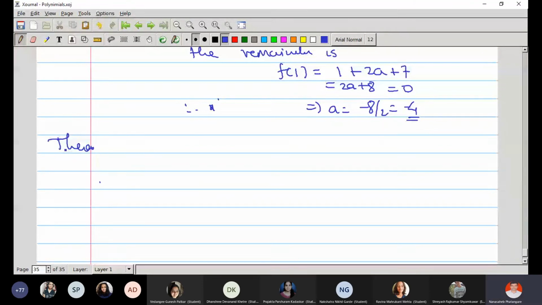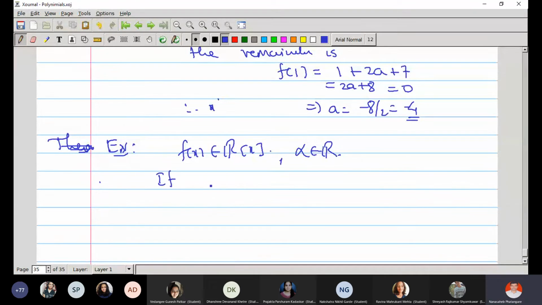Okay, now look at this. Suppose you are given a polynomial f of x in R[x], and alpha is a real number.